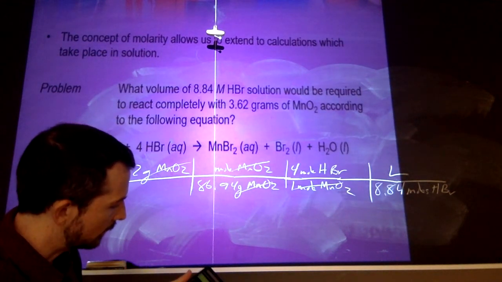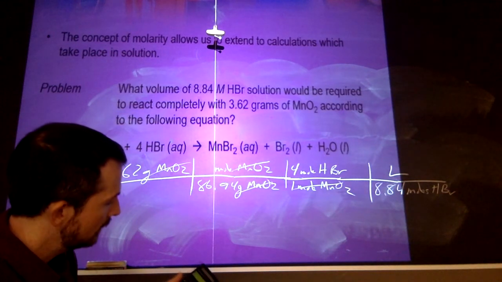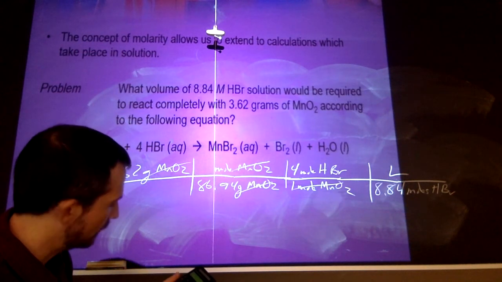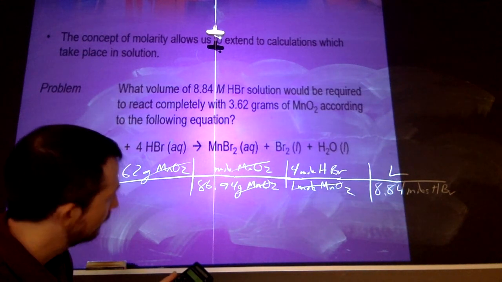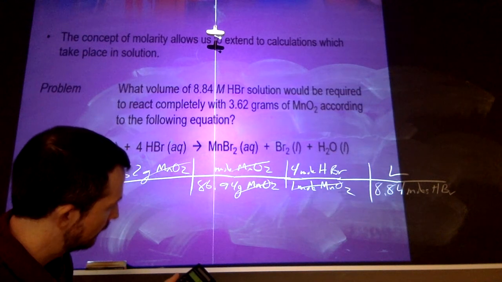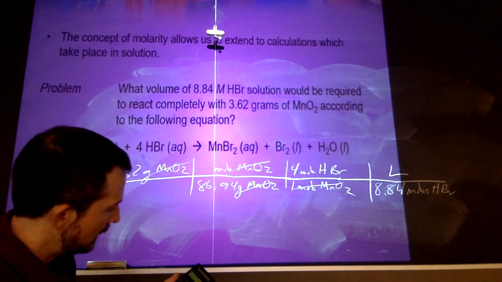So 3.62 times 4 divided by 86.94, divided by 8.84.